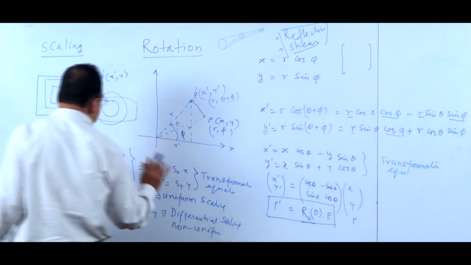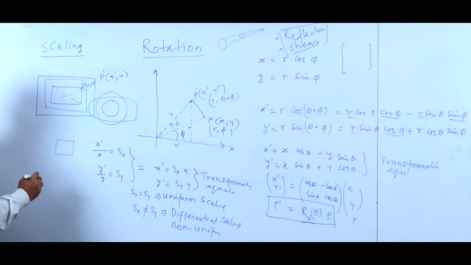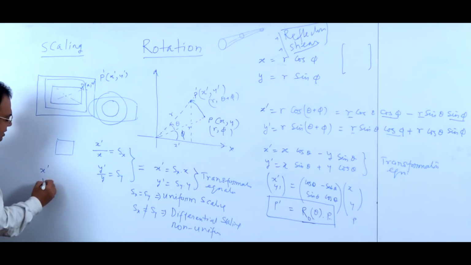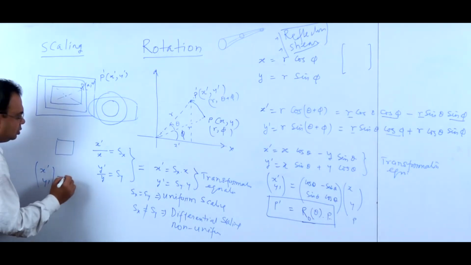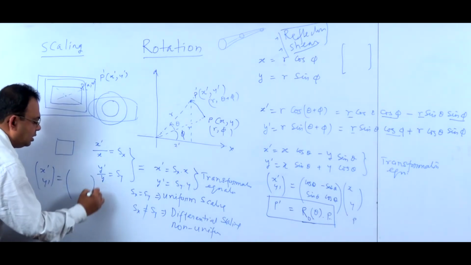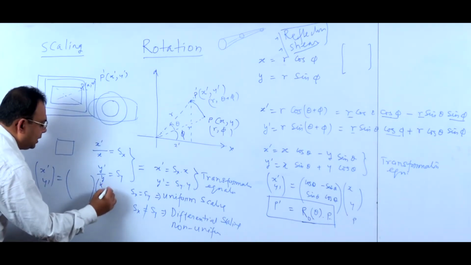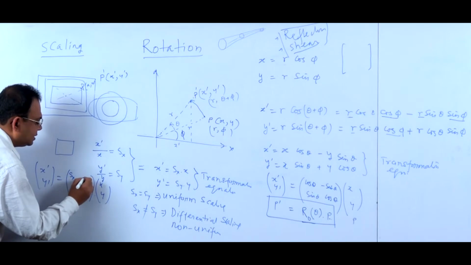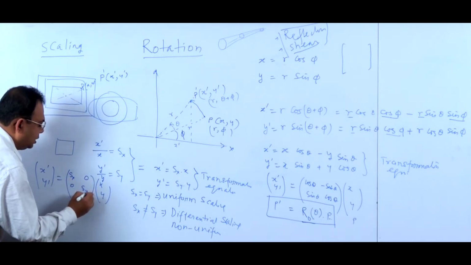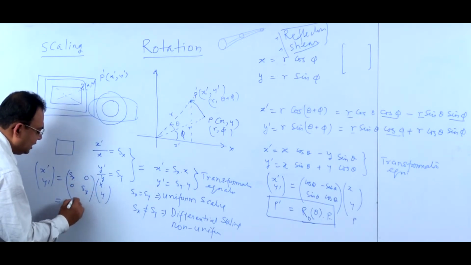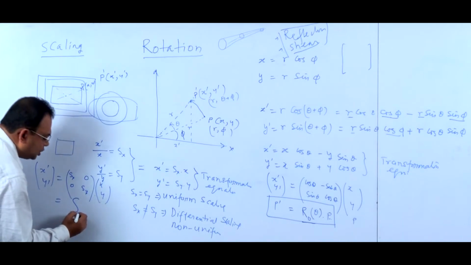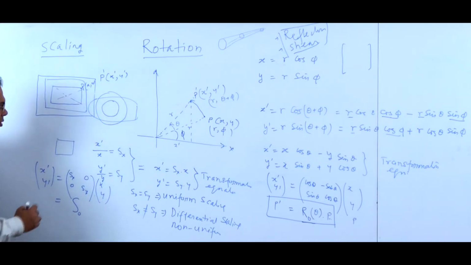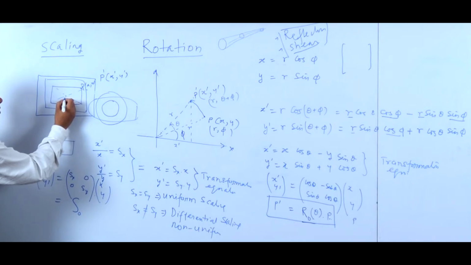Here also the matrix is multiplied, because we can write in matrix form x dash y dash equal to some matrix operated on object point x y. So, this will be sx 0 0 sy.